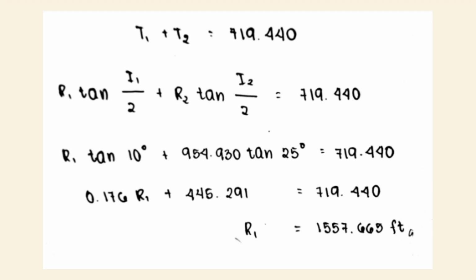Next, in solving for R sub 1, we will use this formula. T sub 1 plus T sub 2 is equal to the length of AB. Substituting the values, we have R sub 1 tangent 10 degrees plus 954.930 tangent 25 degrees equals 719.440.